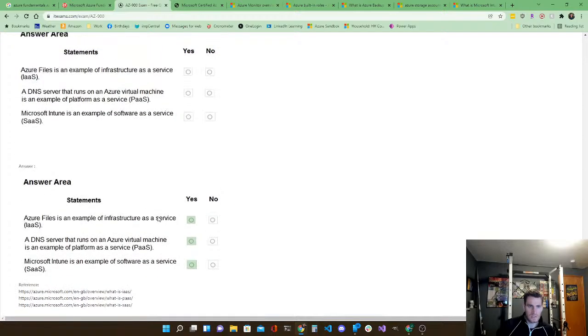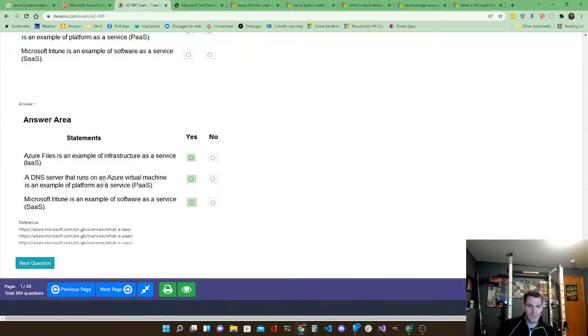Oh, they're all yeses. What? DNS server that runs on an Azure virtual machine. That virtual machine you have to maintain and set up the operating system, therefore making it IaaS. Platform as a service is where you don't have to maintain the operating system.